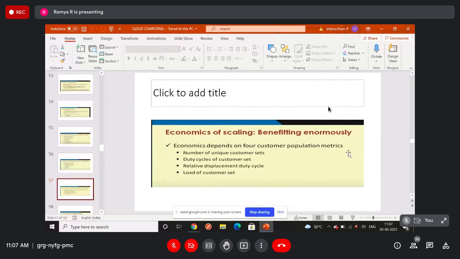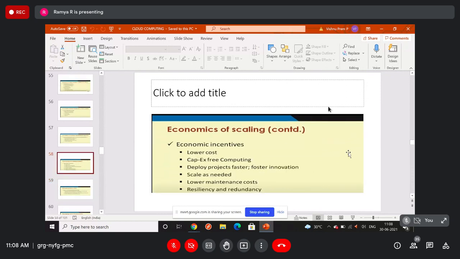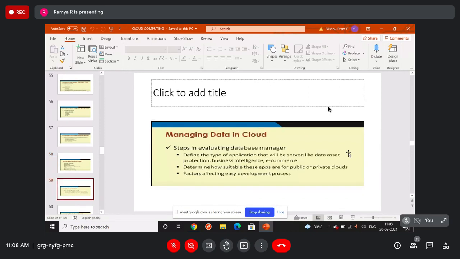All of these are on the cloud provider side. Service management and security is the responsibility of the cloud provider. Economic incentives, lower cost, all of these are involved in the economics of scaling: CapEx free computing, deploying projects faster, scaling as needed, lower maintenance, and resilience and redundancy.